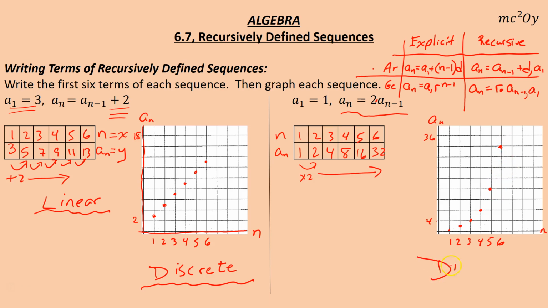And once again, it has to be discrete data. There's no 1.5 place. This is discrete data. All right, and notice this is exponential. When you're multiplying, we are exponential.